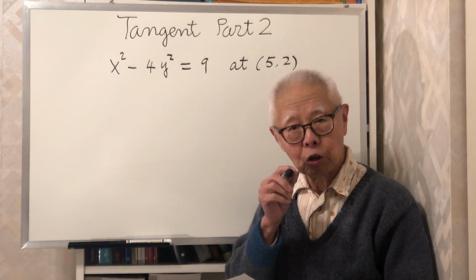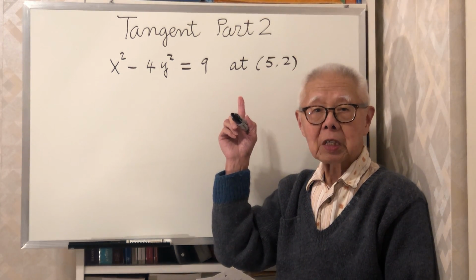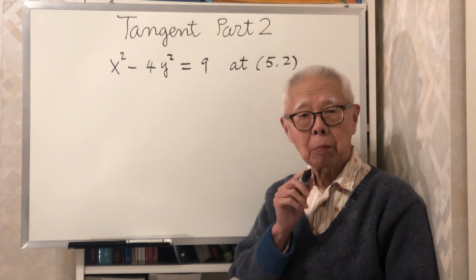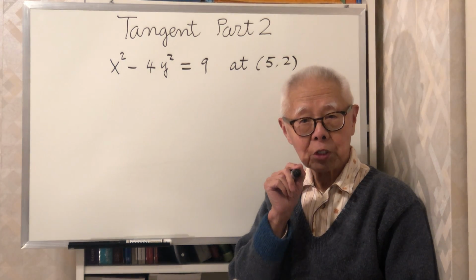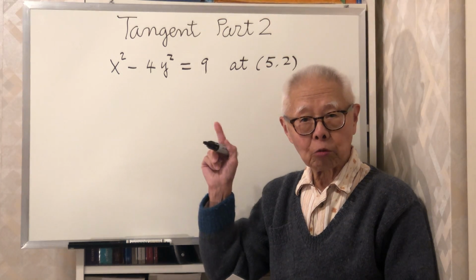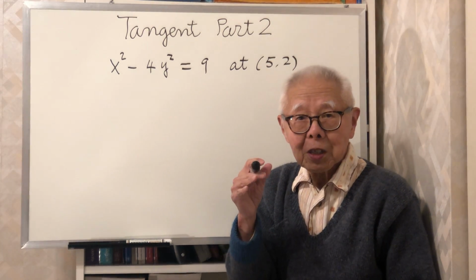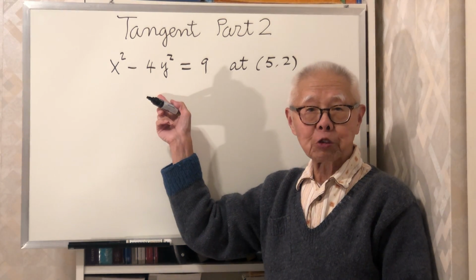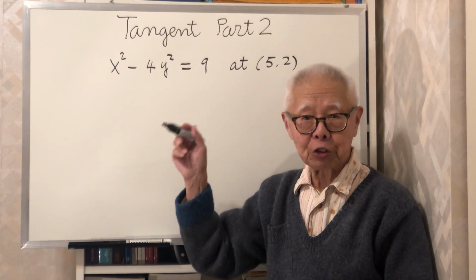Once we have the slope of the tangent, then we have a given point and the slope, so we use point slope form to write down the equation of the tangent. So let's find the slope, which means we find the derivative. For this function, we will do implicit differentiation.